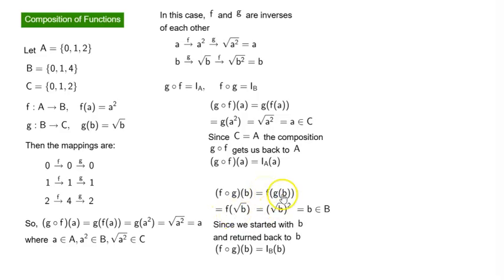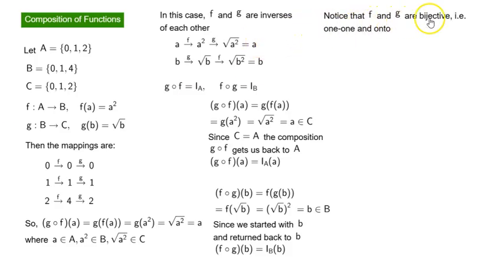So f of square root of B, f will take the square of that, so square root of B square, which is equal to B, which is in the set B. Since we started with B and returned back to B, f of g of B is equal to I sub B of B. A little bit tricky, but make sure that you understand this.